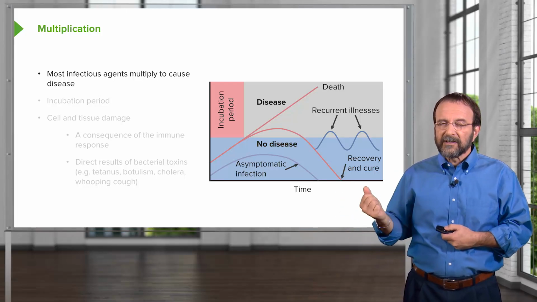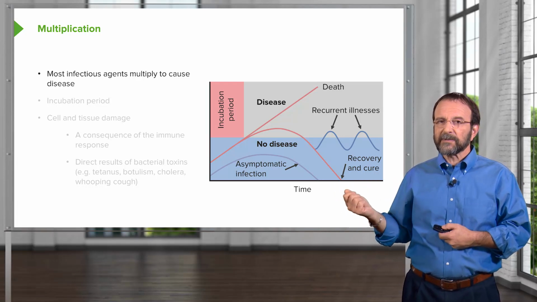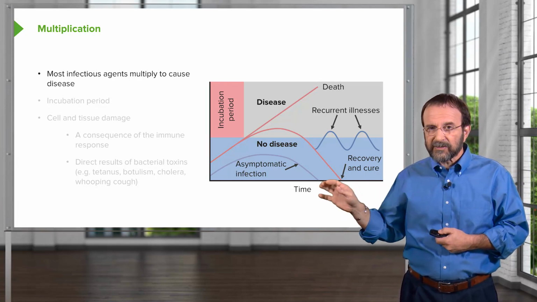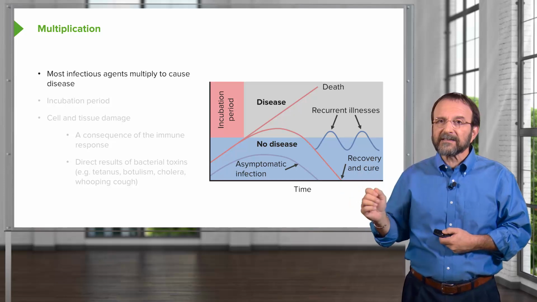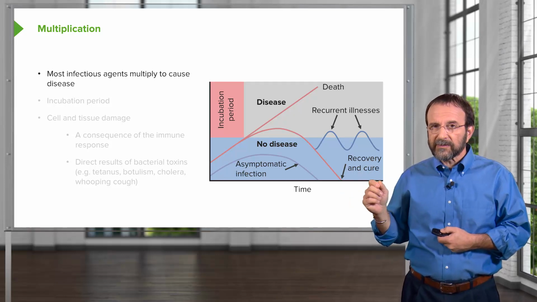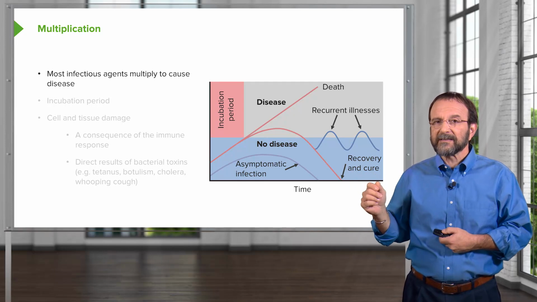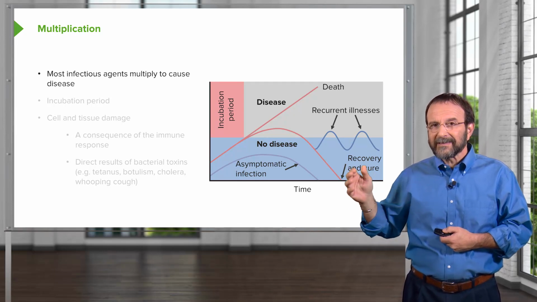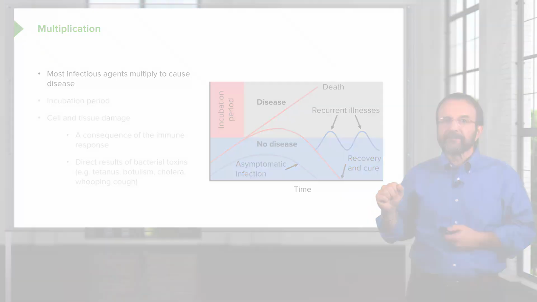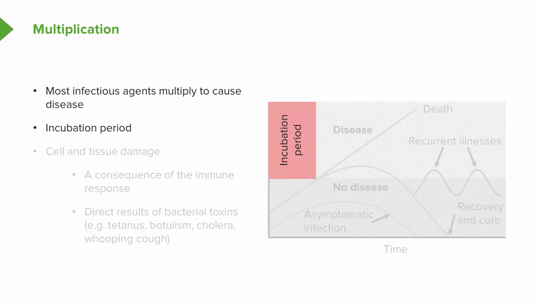And this graph shows a time course of some typical infections. The x-axis shows you time, and the y-axis shows you various parameters, including the production of bacteria in red and immune responses. So there is a period initially after the bacteria enter us called the incubation period. This is an extremely important concept.